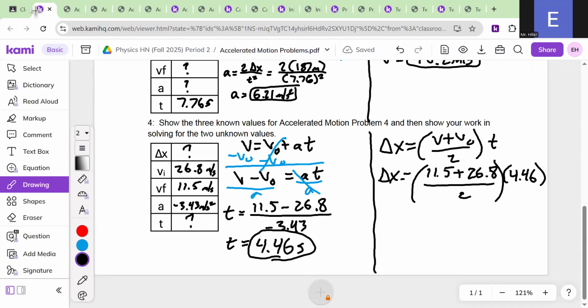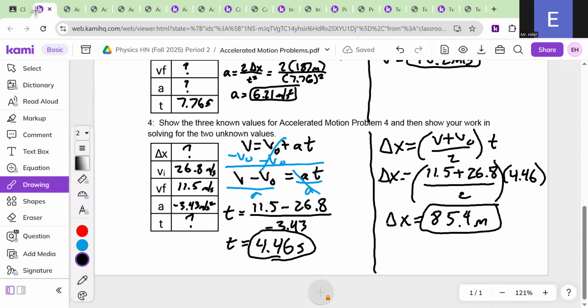Mine was 4.46. Go ahead and take a moment to figure out your displacement. In my case, I'm getting about 85.4 meters.